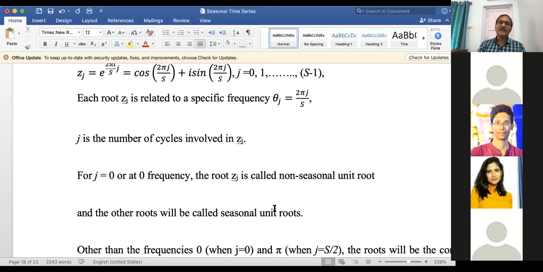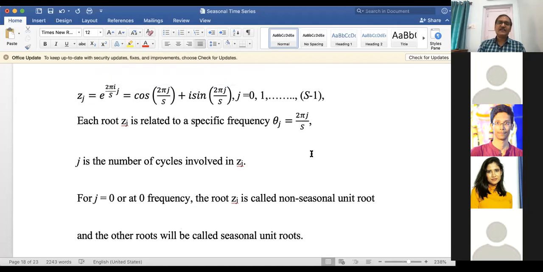So at this moment, you have to clear the concept of frequency, concept of cycle. The concept of frequency relates to the angle theta. The concept of cycle relates to the suffix j we are using here.